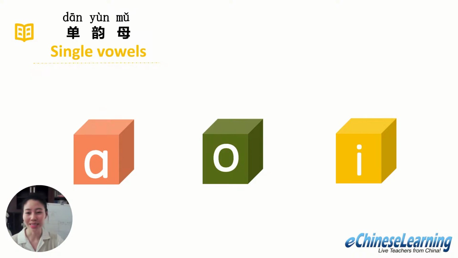There are 3 letters. Actually Chinese and English have the same 26 letters, but the pronunciation is different. For the first one, the letter is A, but in Chinese we pronounce it just like when you go to see the dentist.